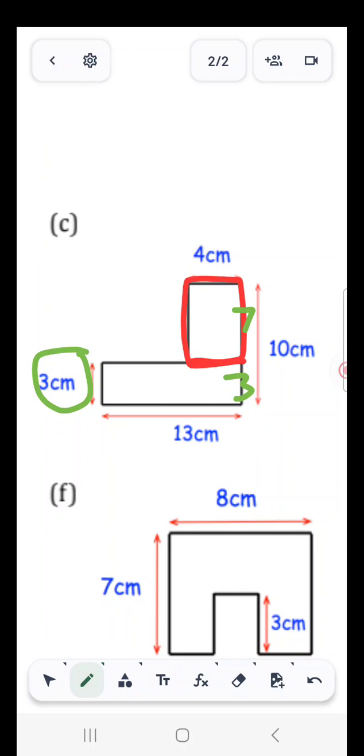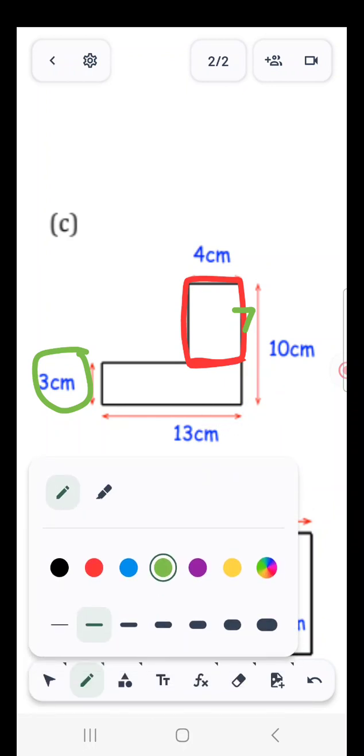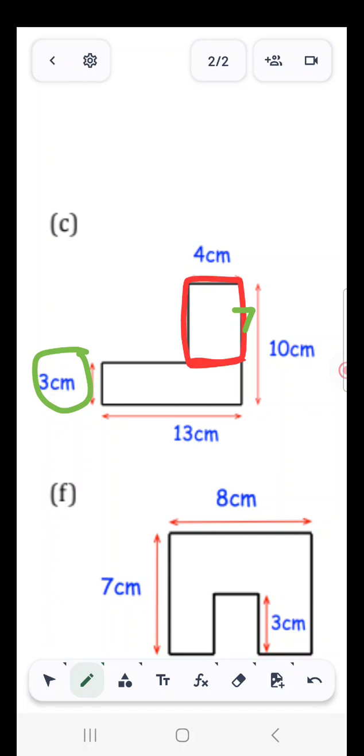So the upper rectangle's length is actually 7. We can use the same color. So 4 times 7 equals 28. It should be 28 centimeters square.